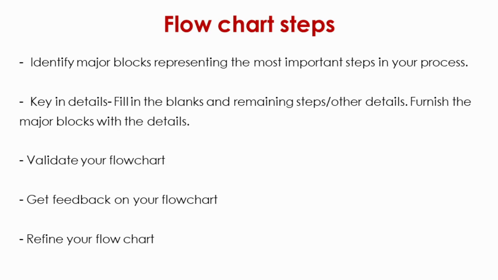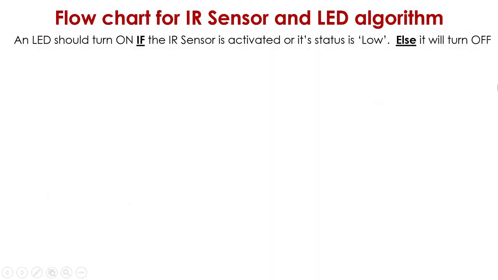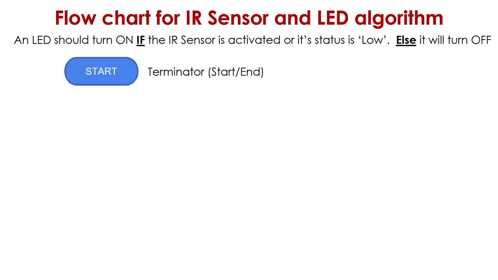Then you add some more details, like fill in those blanks, and furnish the major blocks with some more details. Once you have written your flowchart as a first step, you can validate your flowchart, and then you can change it.